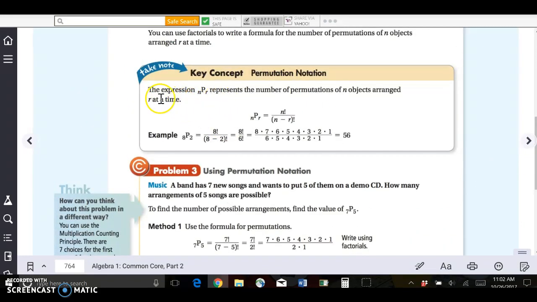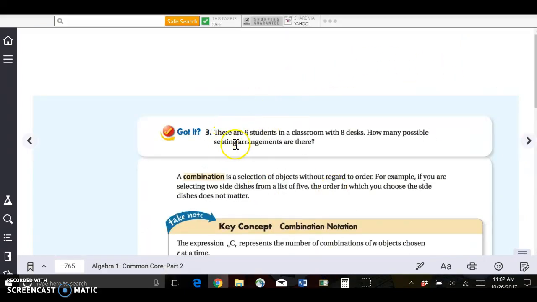So it says that the expression nPr represents the number of permutations of n objects arranged r at a time. So we need the number of objects. How many objects do we have? So there's 6 students in the classroom and there are 8 desks, right? So how many objects are we arranging?